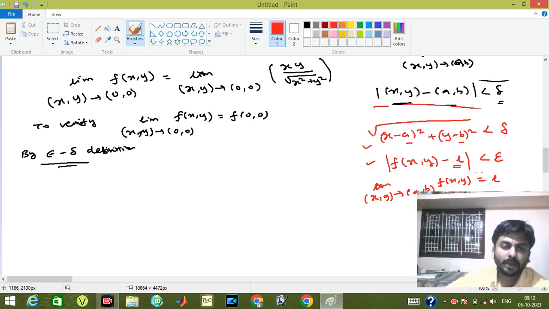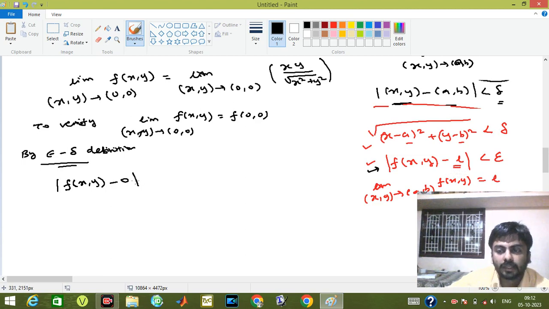So now we are going to take the given problem. What are we going to take? The modulus of f(x, y). What will be our L? Let our L be 0.